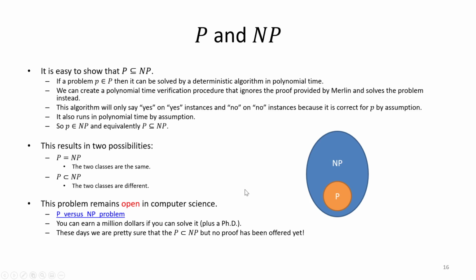If you want to try, there's a $1 million prize out there for anyone who can successfully solve the problem. And I contend at least that if you did successfully solve this problem, you could probably earn yourself a PhD at one of your favorite universities with a little bit of extra work.